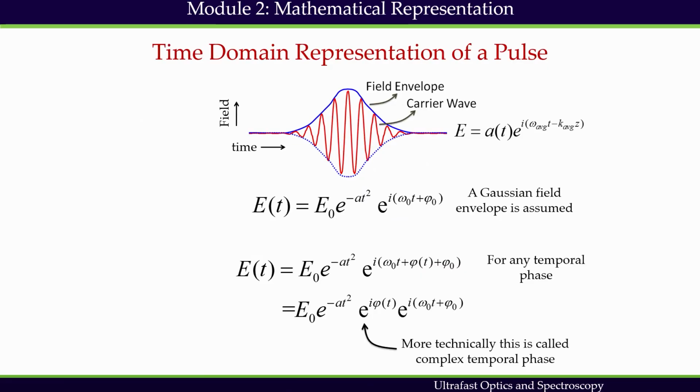So thus far we have seen that a pulse has a slowly varying component called the field envelope and a fast varying component called the carrier wave. This is called the time domain representation of a pulse. Here we note that the time domain representation alone does not feature all characteristics of a pulse. A pulse carries a number of frequency components.